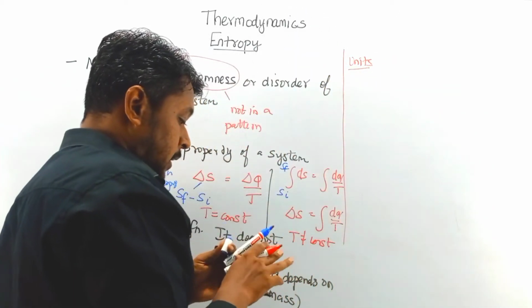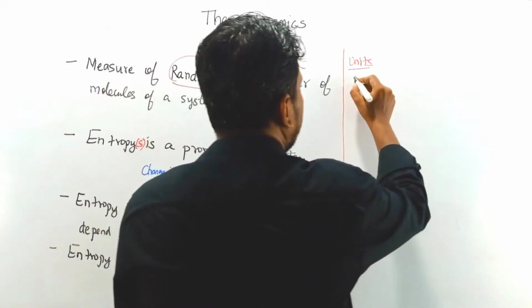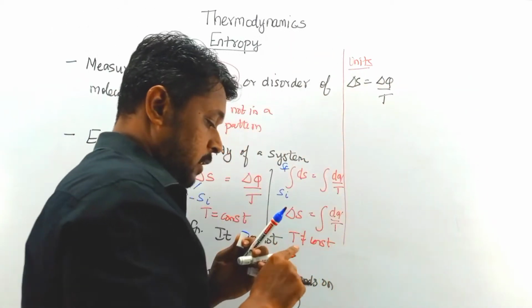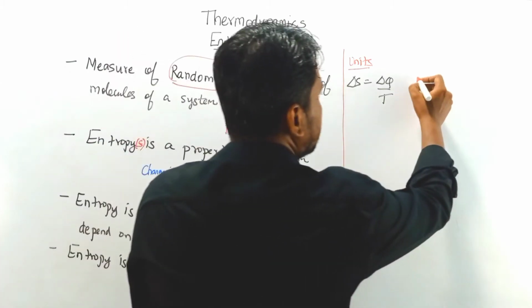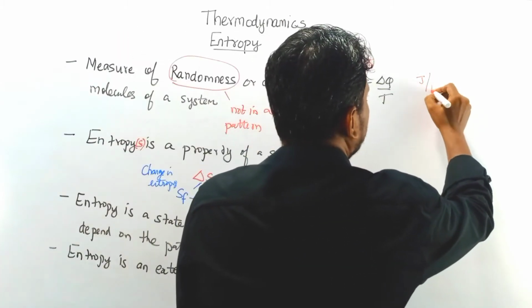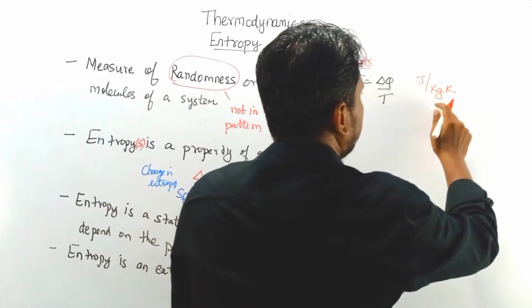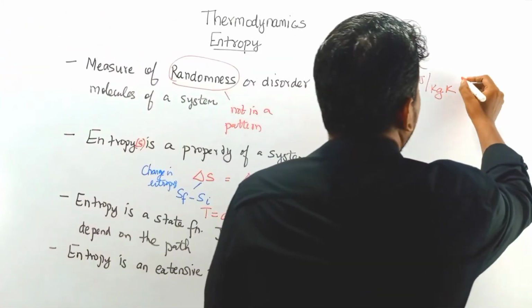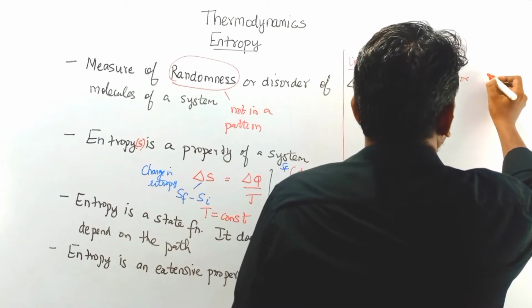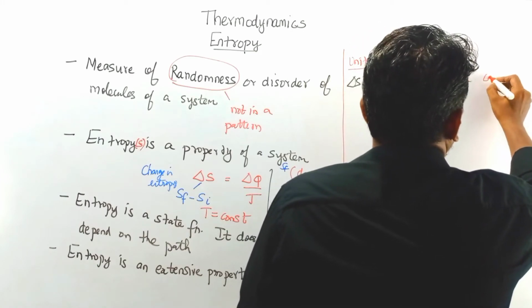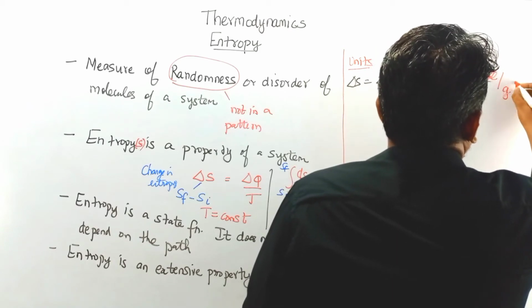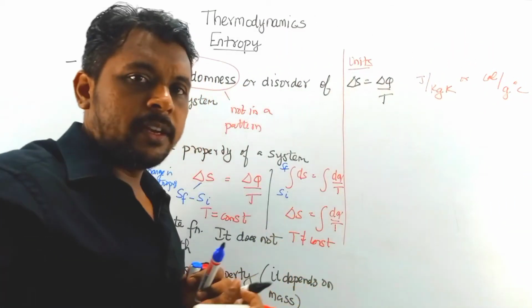So you know that delta S is equal to delta Q by T. So from this, I can say the unit of entropy is either joules per kg Kelvin, because it depends on mass, or calories per gram degree Celsius or Kelvin, depending upon it.